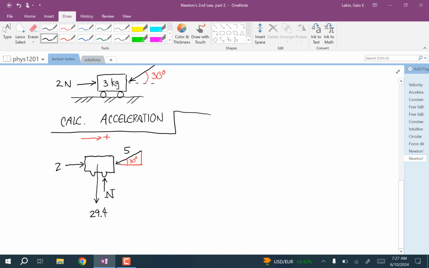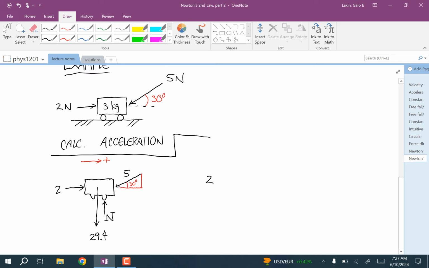So Newton's second law is going to have, we have the 2 in the positive direction. The horizontal leg of this 5 Newton force, the magnitude is going to be 5 times the cosine of 30 degrees. And we have to figure out whether it's going to be positive or negative.